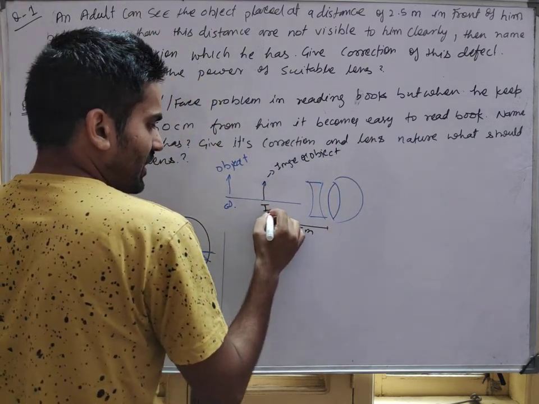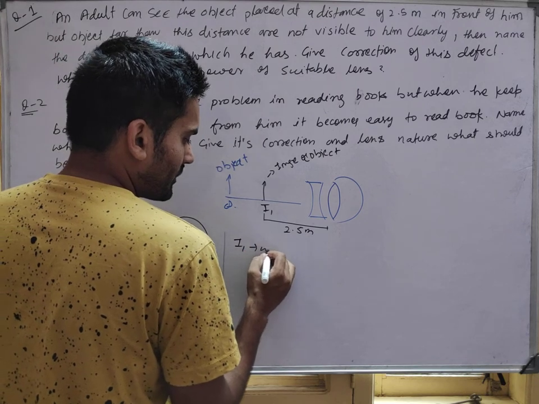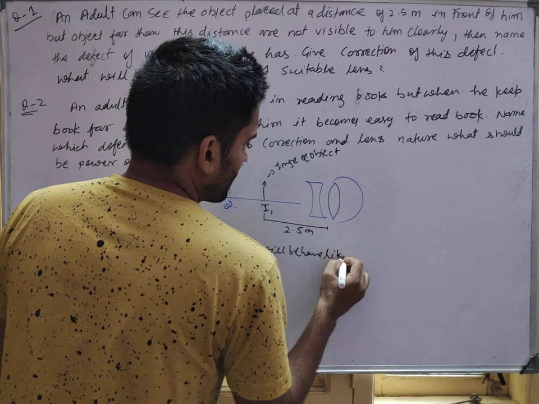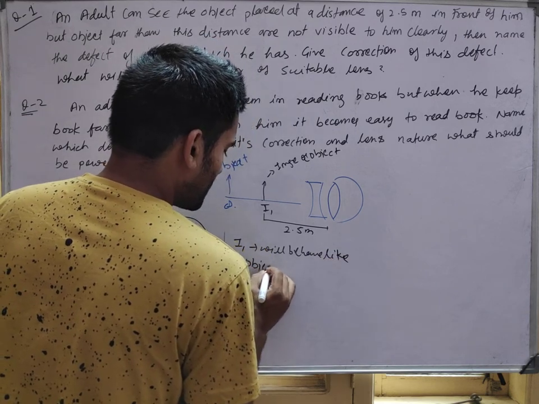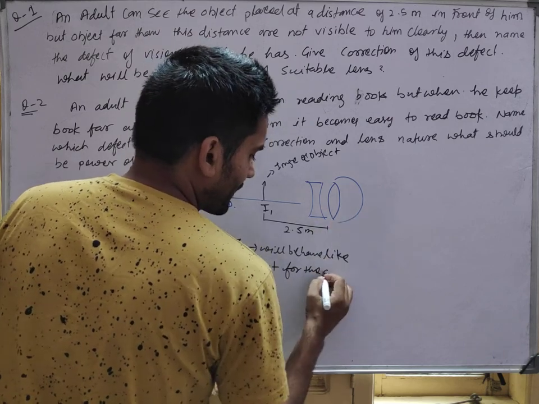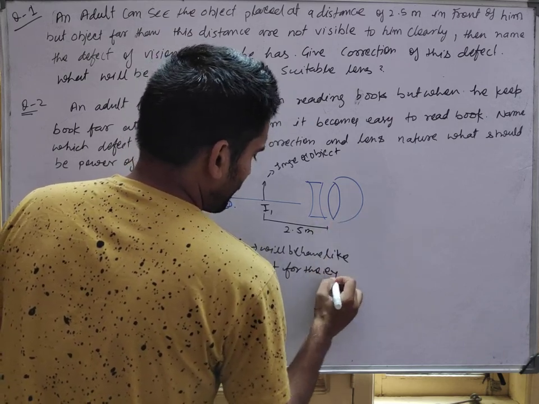Let's say this is the image I1. So I1 will behave like an object for the eye.